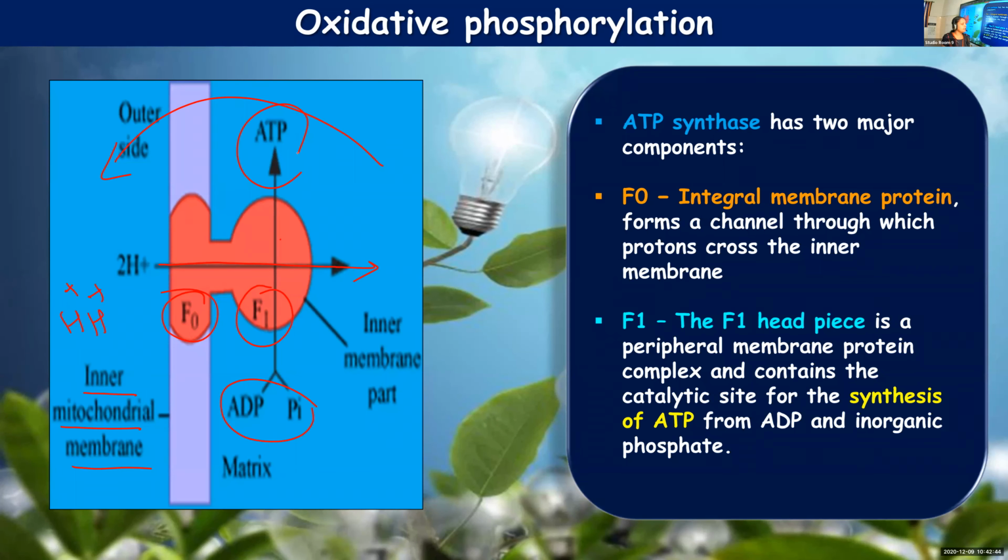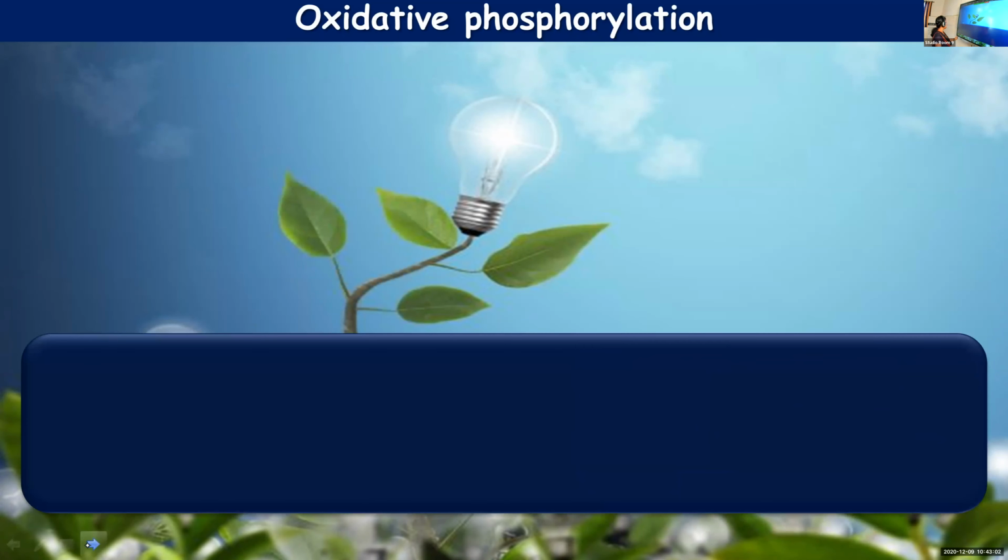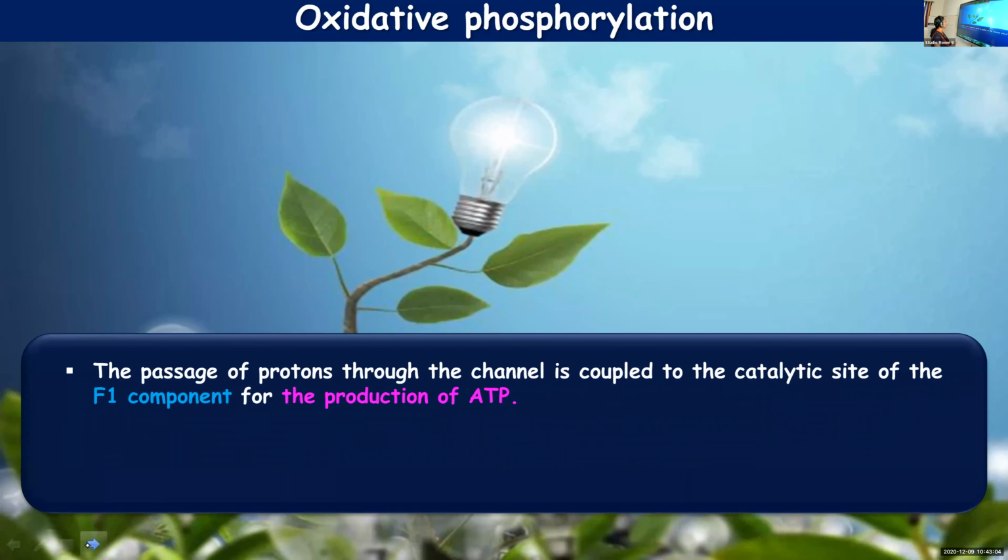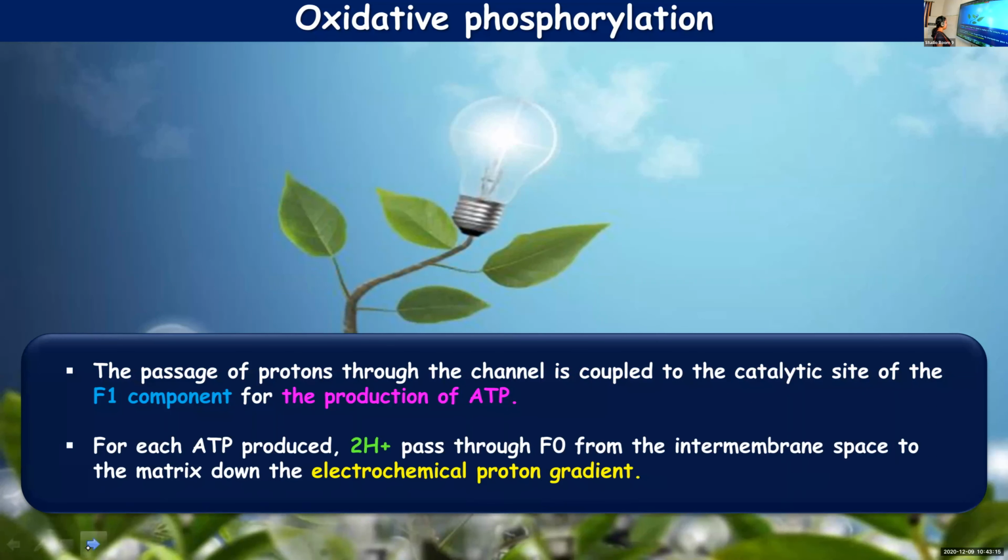Whereas F1 has the catalytic site, and it is in F1 that ATP synthesis will take place, making use of the energy released by the movement of protons into the matrix. For every 2 protons transferred, 1 ATP molecule will be synthesized. The passage of the protons through the channel will be coupled to the catalytic site of F1 for producing ATP.